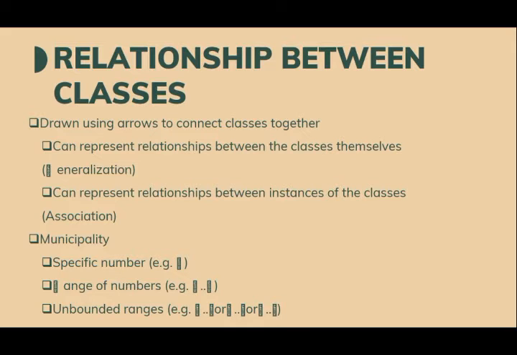Each relationship in a class diagram can have multiplicity numbers assigned to one or both ends of the line between the classes. Next is multiplicity. It can consist of a single number such as a specific number, a range of numbers, or unbounded ranges. So, let's proceed to the categories.